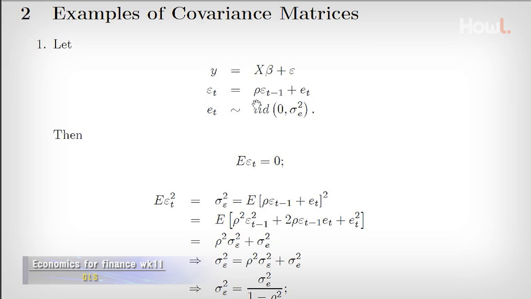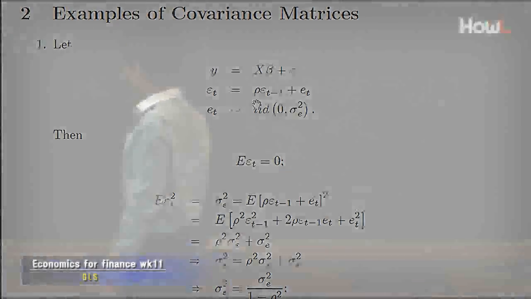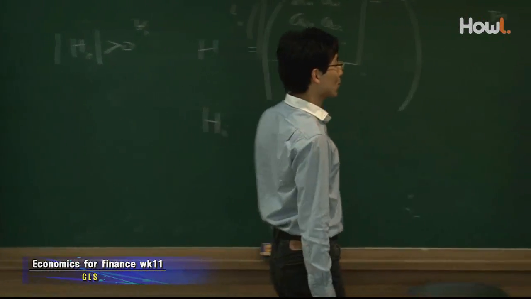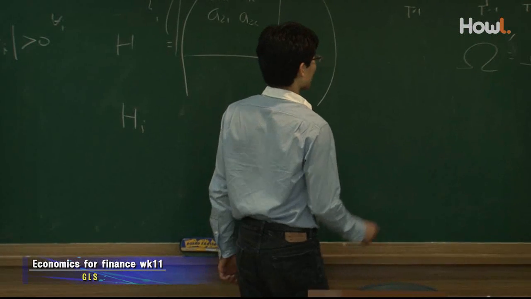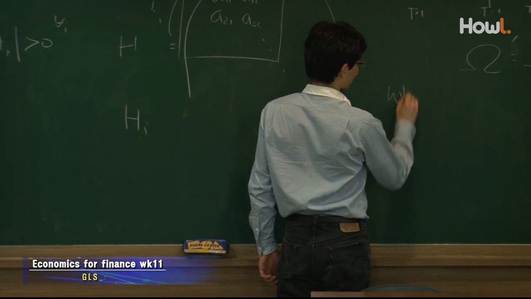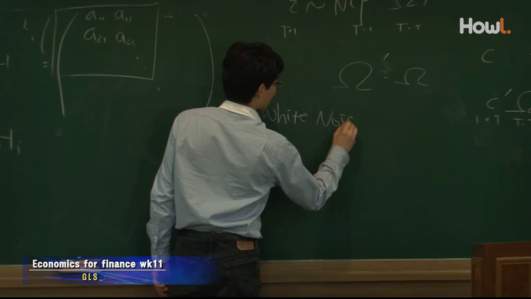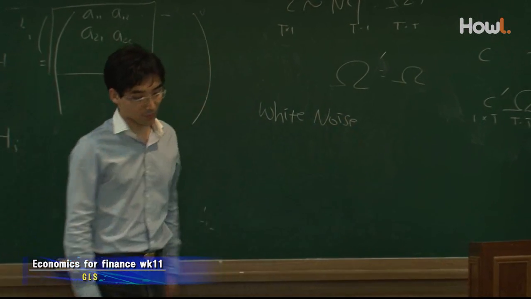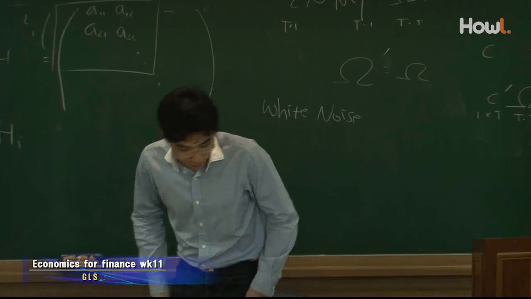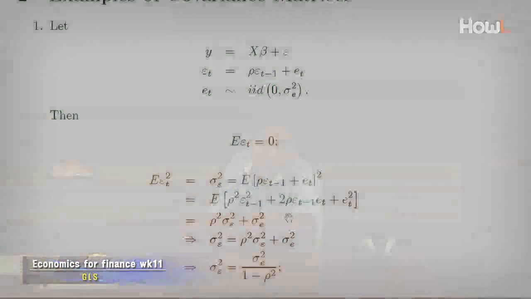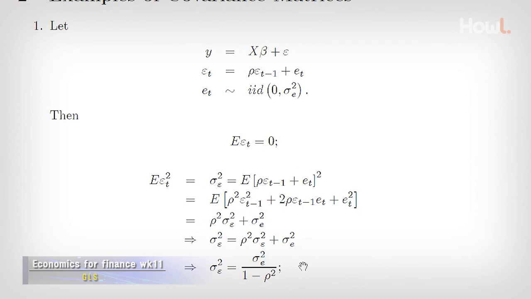This is one of the most basic time series models, also called the autoregressive model. So basically, the variance of epsilon is the ratio between the variance of e and 1 minus rho squared.